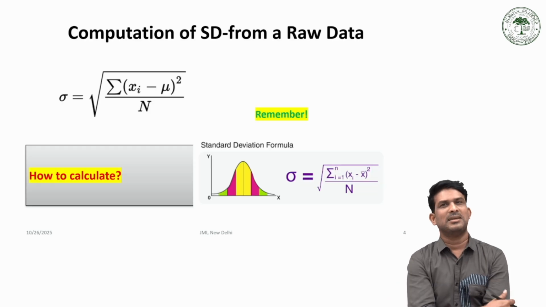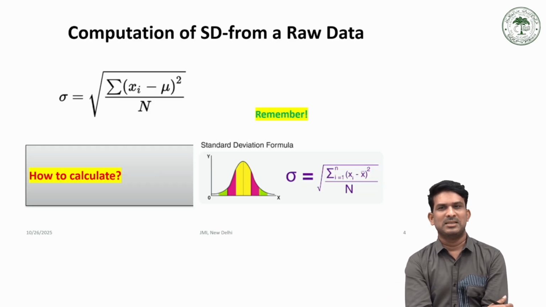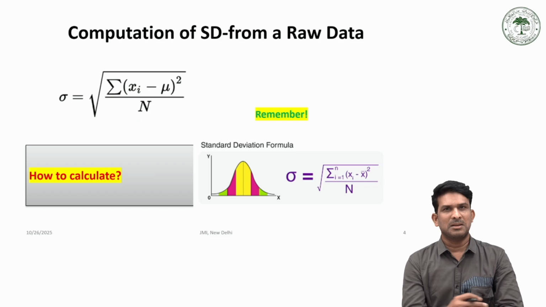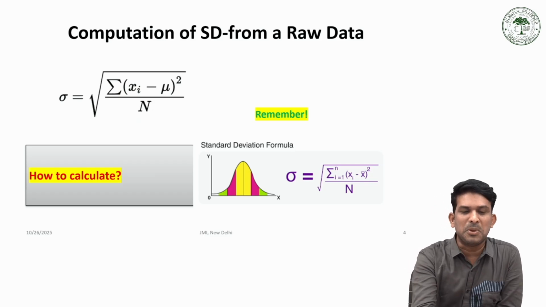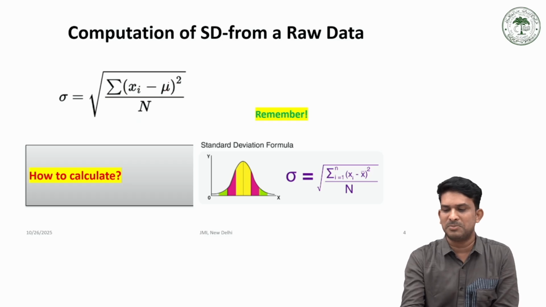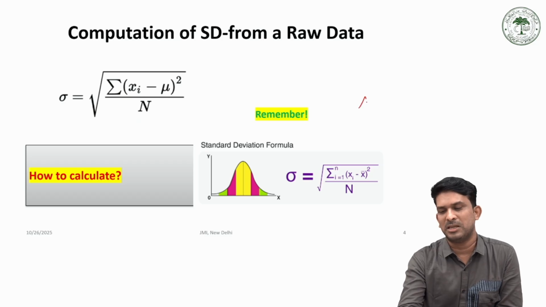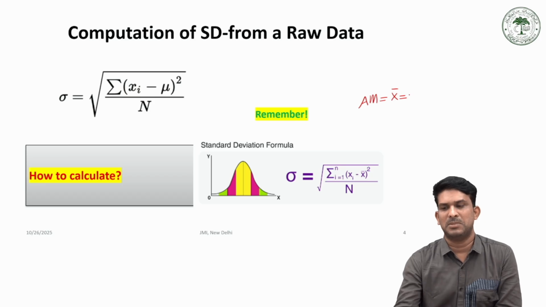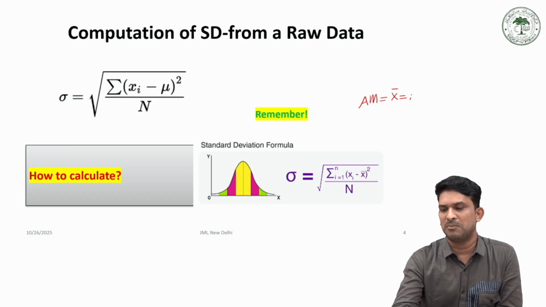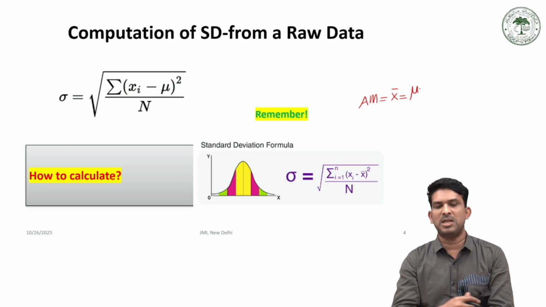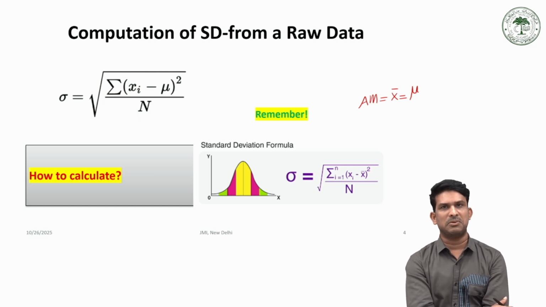Now see the equation. There are different equations; some of the symbols used are different. This is mu. You know, mean is represented by this mu. The same is mentioned in the second equation as x bar. Somewhere you can mention arithmetic mean as well. Arithmetic mean, x bar, mu, everything is same, right? Whatever way you use, you can use it in the equation.